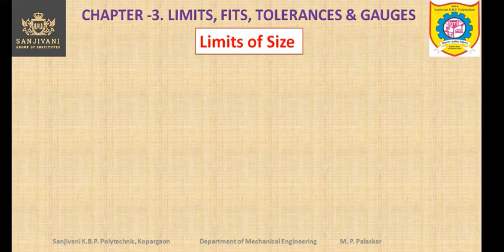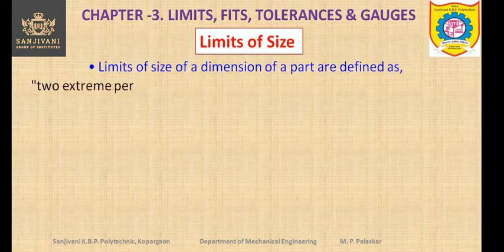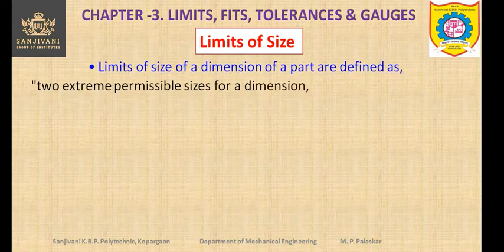In this session, we are going to talk about the limits of size and the various deviations in the size. The limits of size of a dimension of a part are defined as two extreme permissible sizes for a dimension.